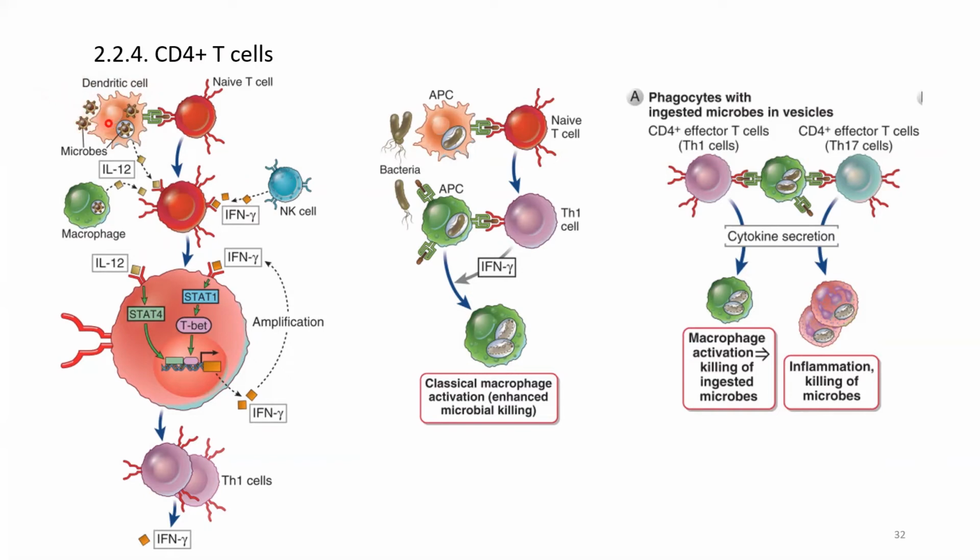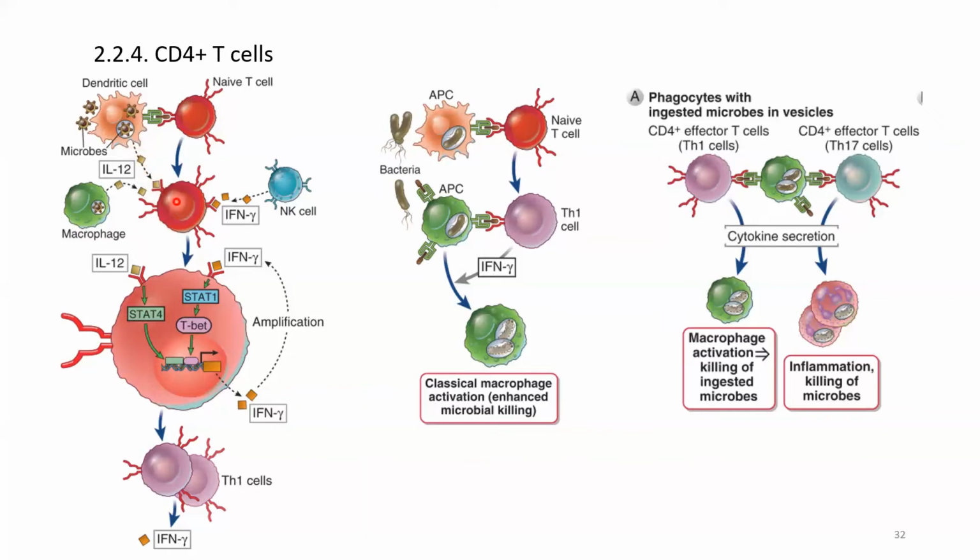The dendritic cell engulfs the microorganism and presents antigen on MHC class 2 to initiate the naive T cell in the lymph node. After activation, the naive T cell proliferates and matures into an effector T lymphocyte.